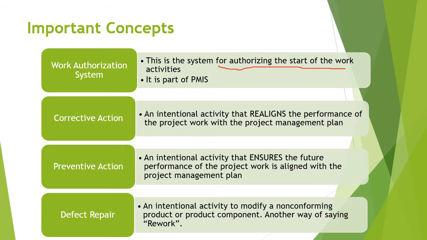Who will do it, by what identified organizations, at what time the work will be done, whether it is being done in the proper sequence and the proper steps. So basically, the work authorization system includes the steps, documents, tracking system, and defined approval levels needed to issue work authorizations, right?